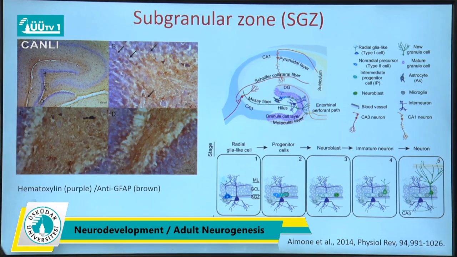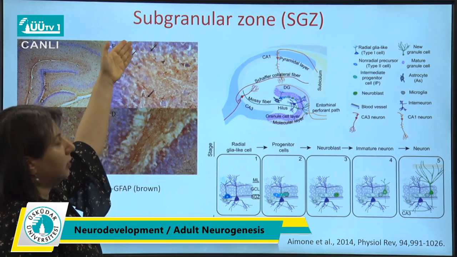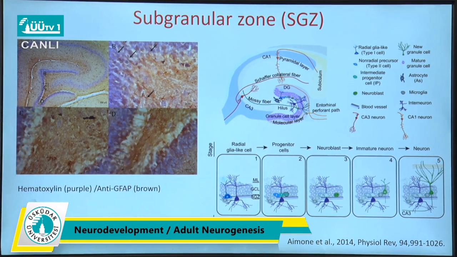The extensions of radial glial cells this time extend into the granule cell layer, and these cells will also differentiate into granule neurons. The main difference between subgranular zone and subventricular zone neurogenesis is that the differentiated cells don't have a long distance to migrate this time. They will differentiate in this zone and just go up into the granule cell layer, so they have a much shorter distance of migration.